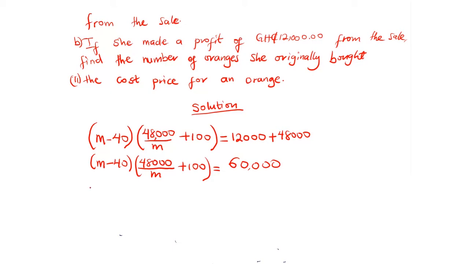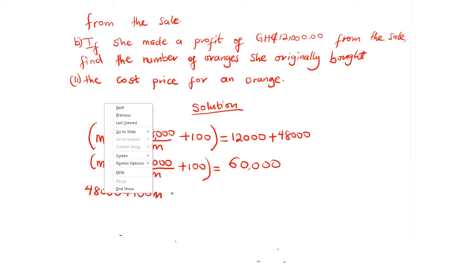M times 48,000 over M will give us 48,000. Then M times 100 will give us 100M.